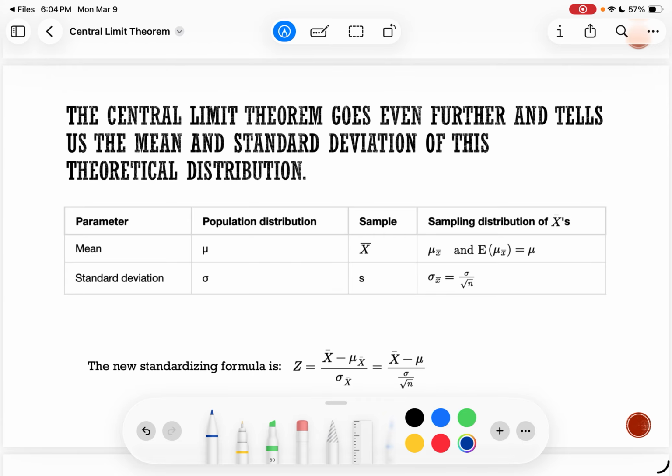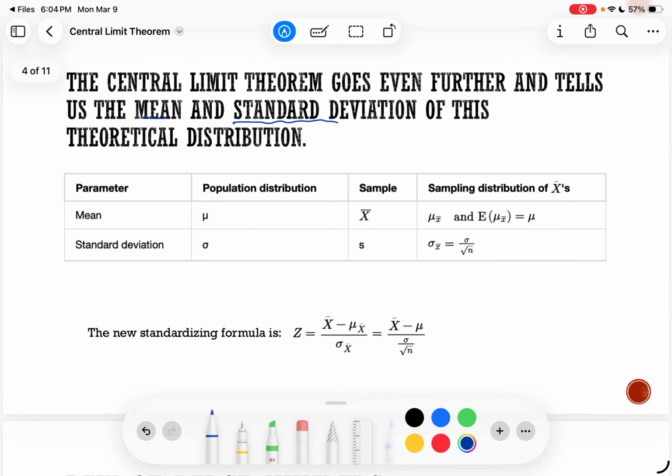It goes even further and tells us about the mean and the standard deviation. Some of the calculations that we can use: we're looking at the parameter, the population distribution. We have our mean and our standard deviation.